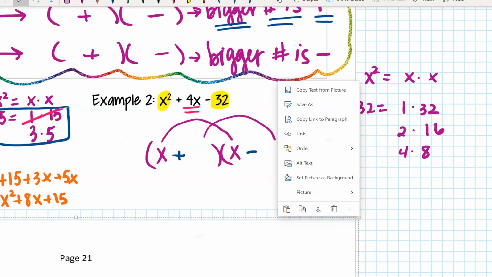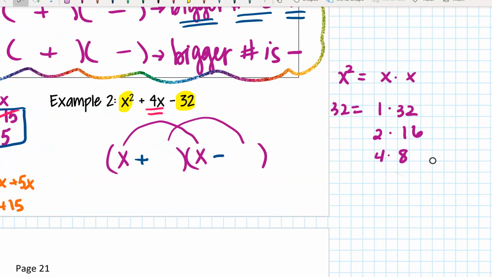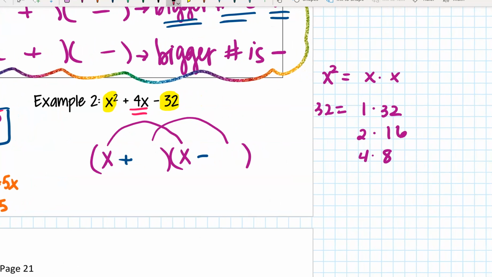So this is a good example to show what I mean here. I need this underneath here, this nose or inner, or this mouth or outer, to add up to 4x. Okay, so my suggestion is to start somewhere in this range with the 2 and 16, or the 4 and the 8.